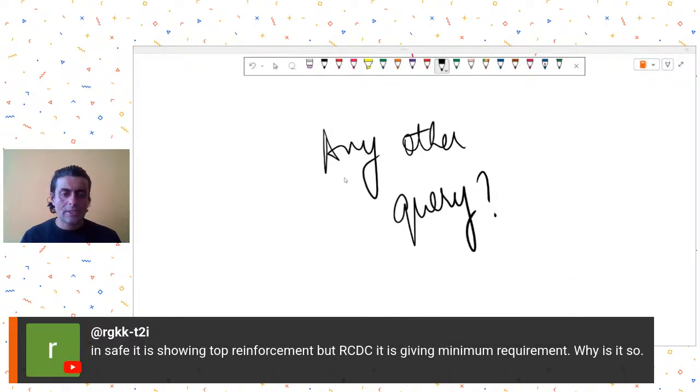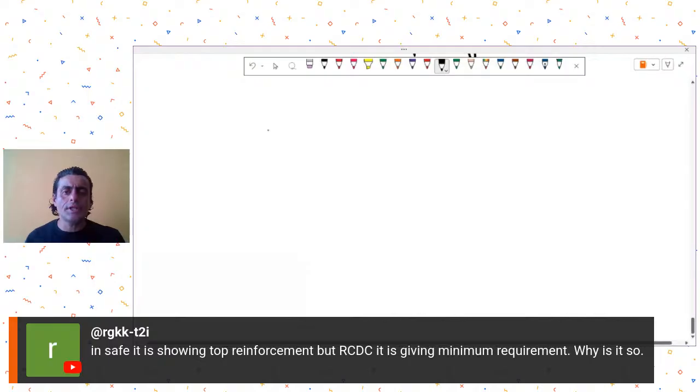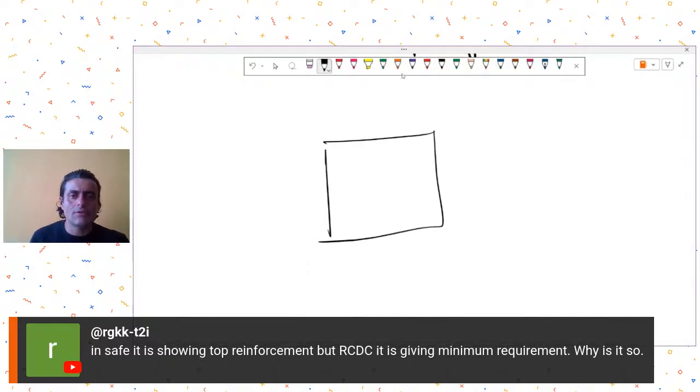Mr. Raghu is asking, in SAFE it is showing top reinforcement, but RCDC is giving minimum reinforcement. Why is it so? Because in SAFE sometimes you may see some tension steel requirement at the top face in this region.